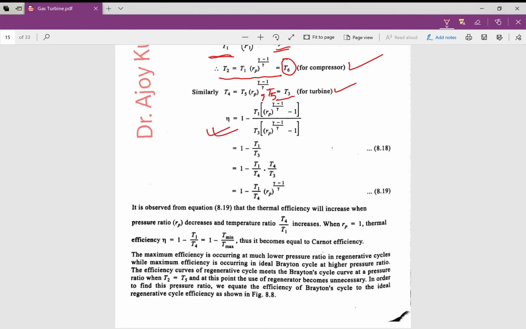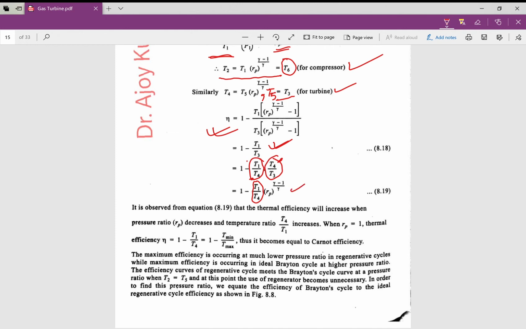And then we can finally get equations like this: T1 upon T3. Now T1 upon T3, put over here T4 here also, numerator side, and here numerator side also, because your T4 will be getting cancelled. Then finally you can write T1 upon T4 as it is here, and this becomes your pressure ratio RP.